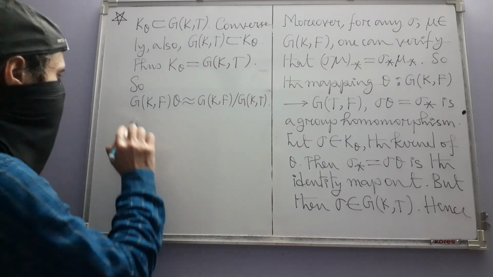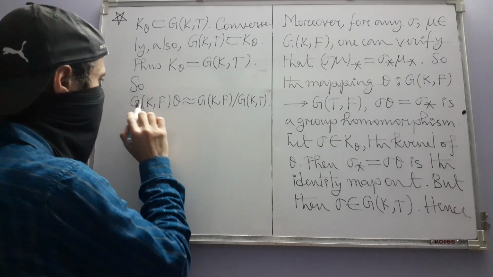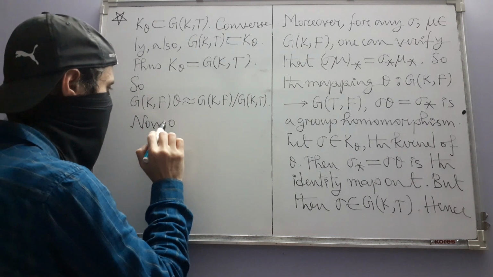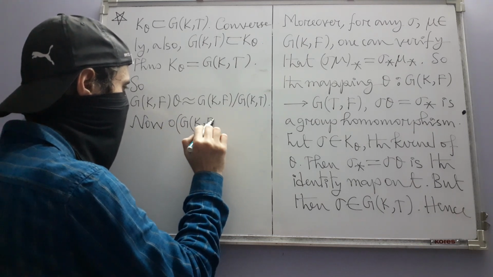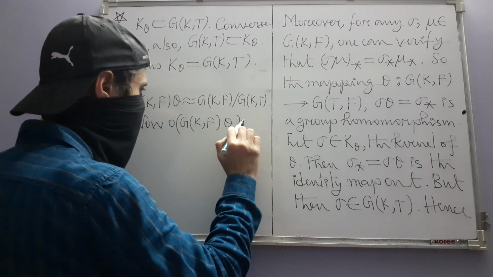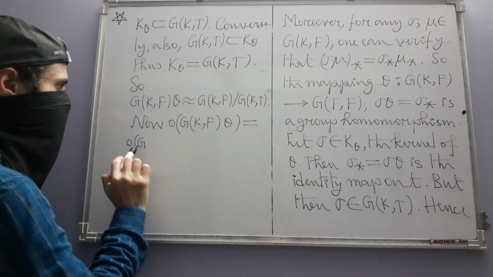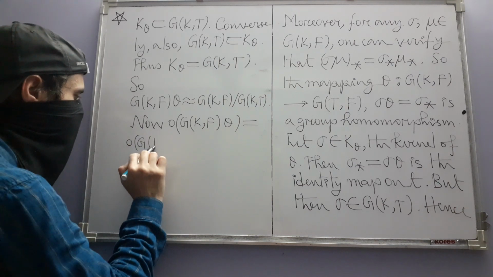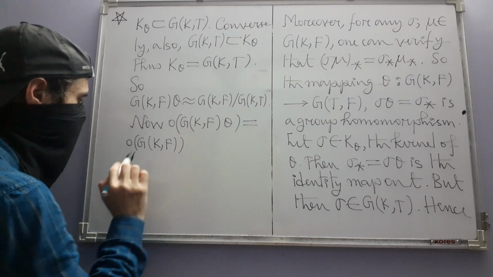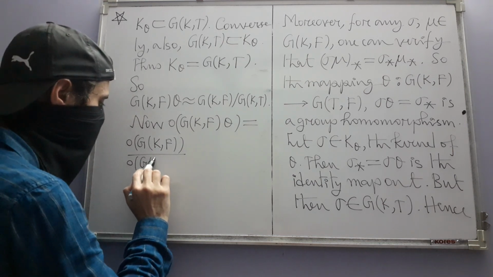Now, this isomorphism tells us that the order of this image is equal to the order of the Galois group divided by the order of this group G(K, T).